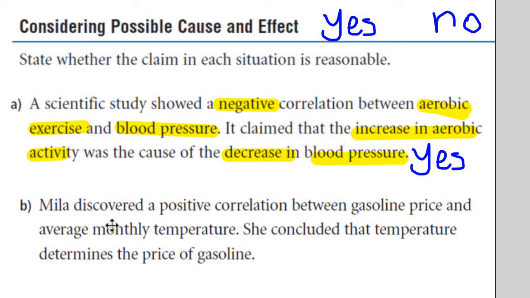How about the next one? Mila discovers a positive correlation between gasoline prices and the average monthly temperature. She concluded that the temperature determines the price of gas. So what she's saying is that if the temperature outside, the weather, increases, does that cause gasoline prices to increase?